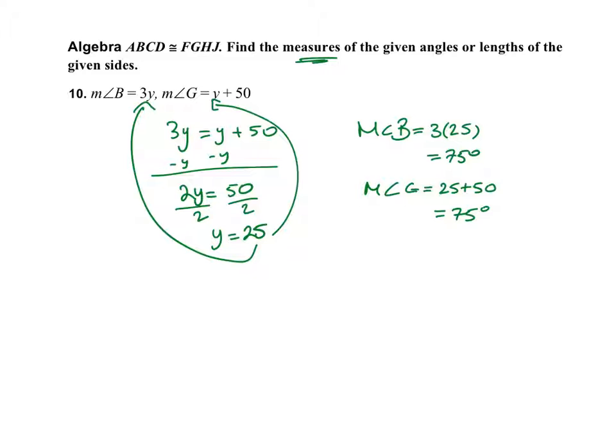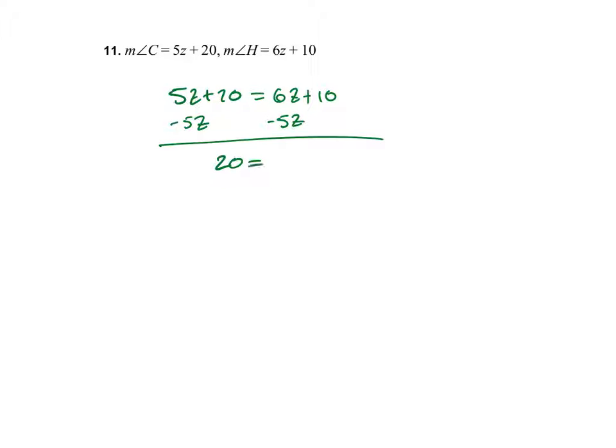So C and H are also corresponding, so they are congruent. So 5z plus 20 equals 6z plus 10. Subtracting 5z, 20 equals z plus 10.